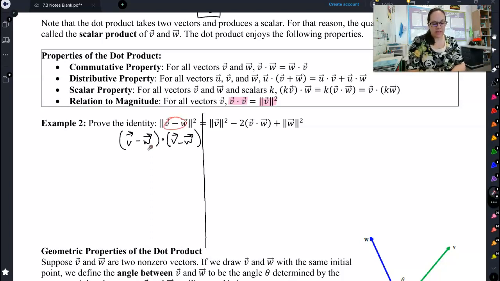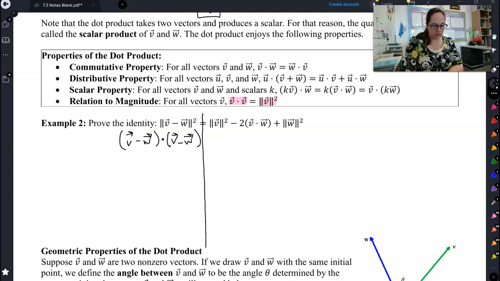So I just take the inside, times it by itself, because I know that is the same thing as the magnitude squared. Next, we know that the distributive property works on vectors. So I can take each of these things and distribute them.